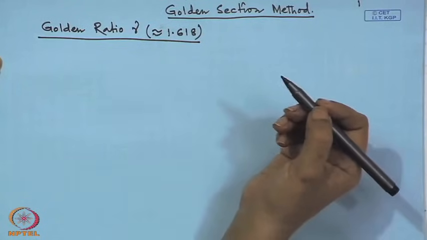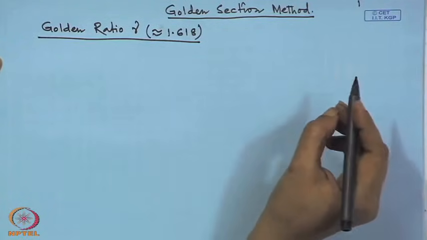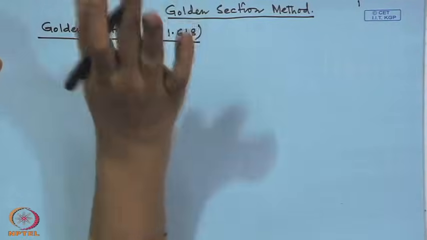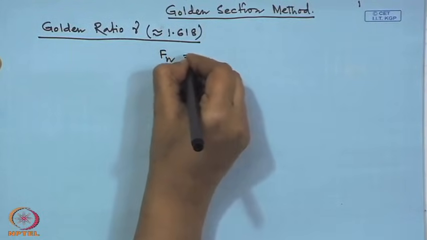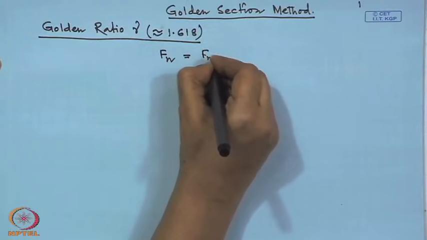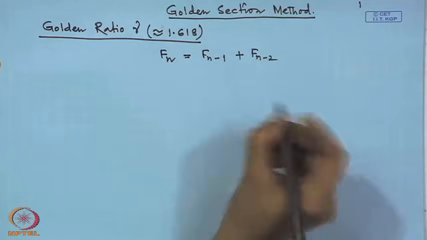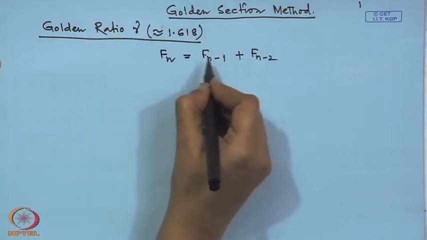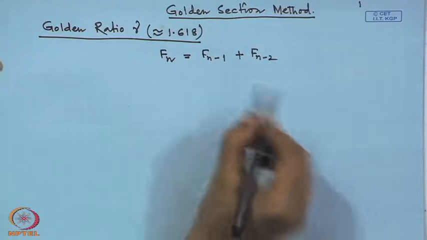The golden ratio depends on the Fibonacci numbers, not the Fibonacci method, Fibonacci numbers. As we know, in the Fibonacci numbers, Fn is equal to Fn minus 1 plus Fn minus 2. That is, any Fibonacci number is the sum of the previous two Fibonacci numbers in the sequence.